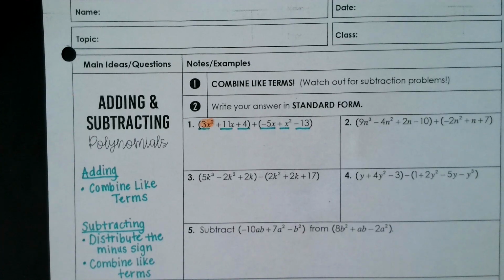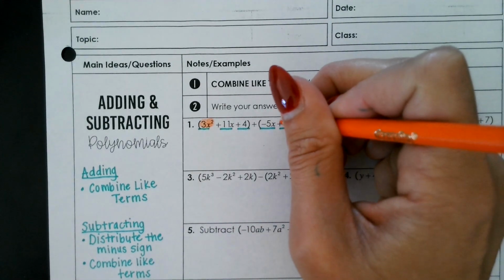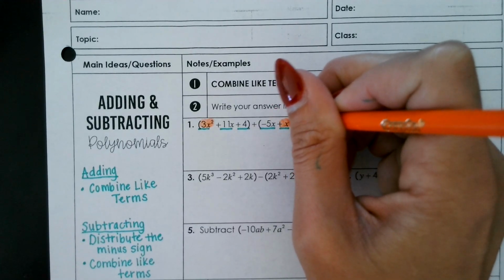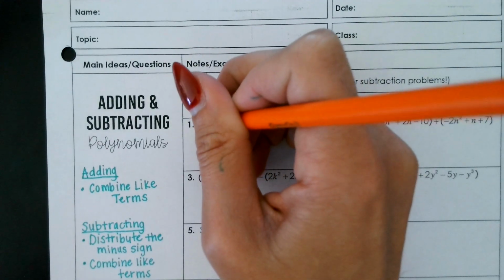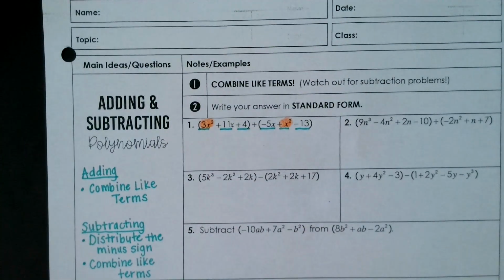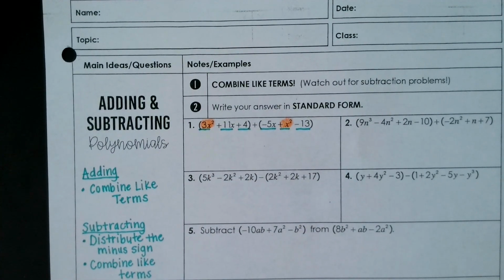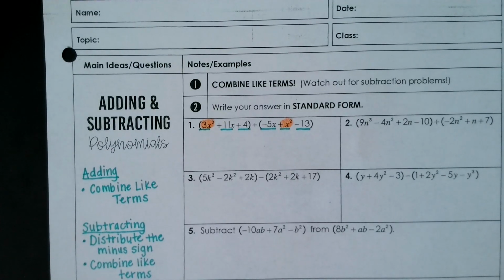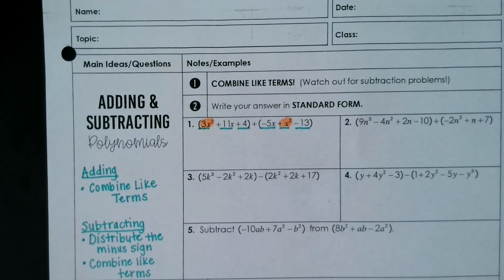What would be another term that is similar to it? The x squared. You're looking for the terms that have the same variable, and the variable also has the same exponent. That's what makes it a like term. So 3x squared and that x squared are similar.